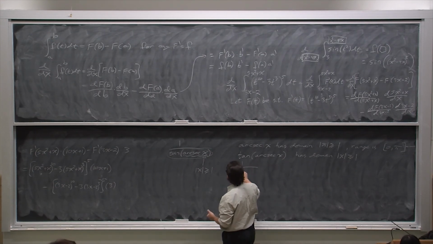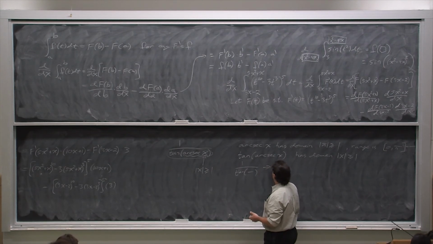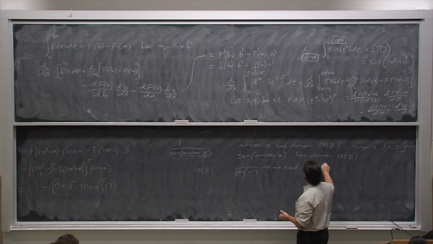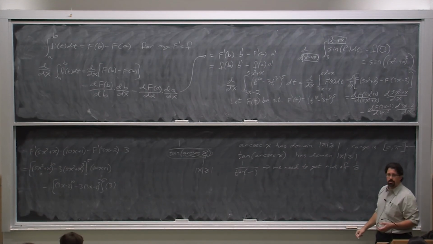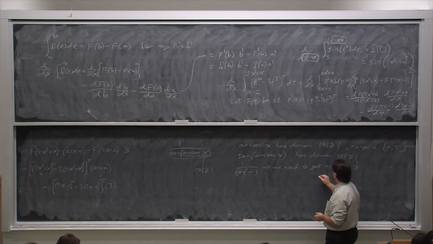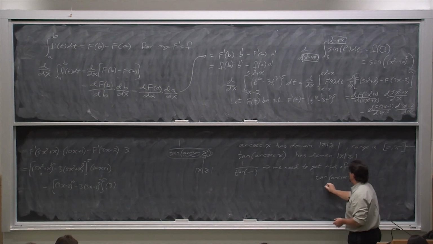So I don't really need to worry about that. But 1 over tan of arc secant of x implies that we need to get rid of 1 over 0. Anything of that form obviously is undefined. So where do we have the denominator equal to 0? We have tan of arc secant of x equal to 0.